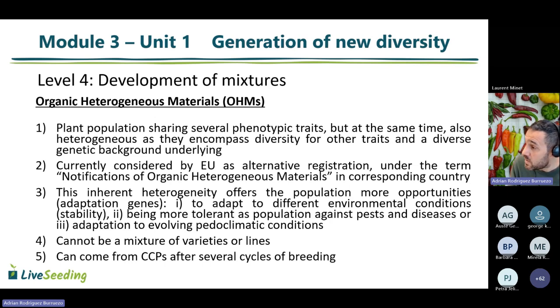In this way, we are ensuring that our variety is quite homogeneous for the main traits, but we are also ensuring that it still encompasses genetic and phenotypic diversity for other traits, and even hidden in this diverse background of genes can be genes which may offer adaptation to resilience or the climate change.